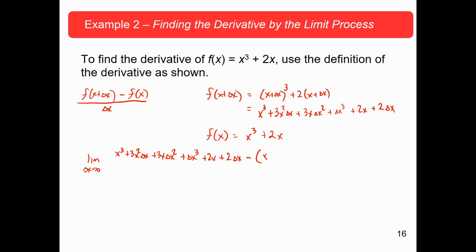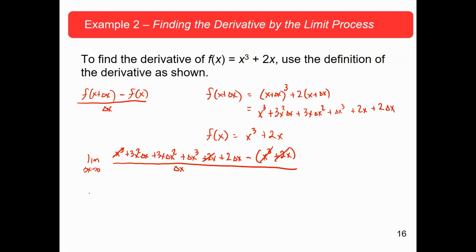So minus (x cubed plus 2x). And notice that I put that in parentheses because I need to distribute the minus sign all over. So this is going to give us negative x cubed, which will cancel out with positive x cubed. This will give us negative 2x, which will cancel out with positive 2x.